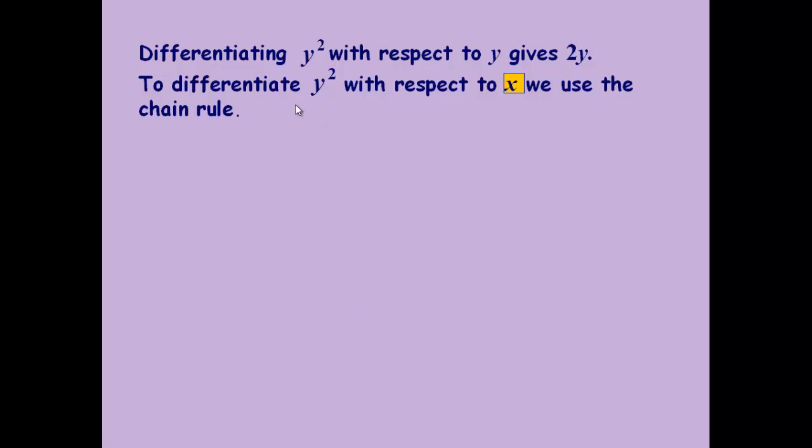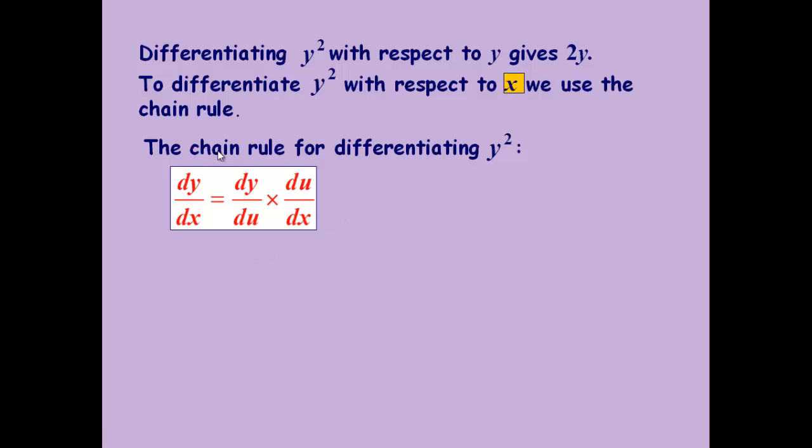So what we're now going to try and do is differentiate y squared with respect to x. And to do that, we're going to use the chain rule. This is what we know as the chain rule. We usually use u as a chaining variable, so we get dy dx equals dy du times du dx. We're going to make y our chaining variable.